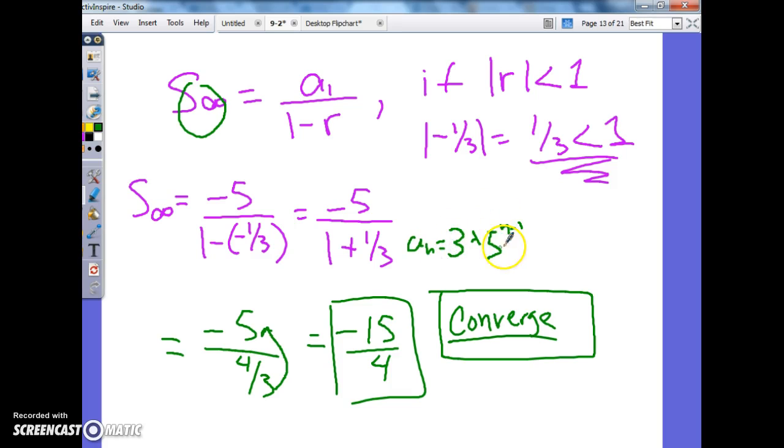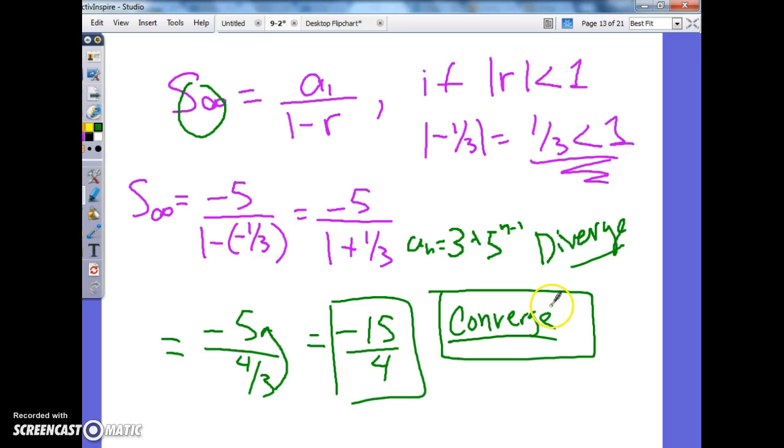Notice if we were summing up all these terms, every time I multiply something by 5, every term is going to get bigger and bigger, and we will never converge on a sum. You're going to add 1 million, 2 million, 3 million. So that would be said to diverge, as opposed to converge.